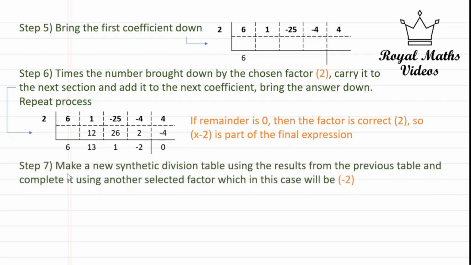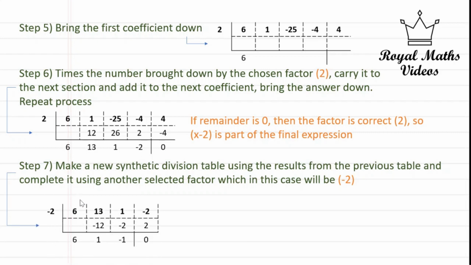Okay, so step 7 is to make a new synthetic division table using the results from the previous table and complete it using another selected factor, which in this case will be minus 2. So here we can try minus 2, which is from the selection of the factors before, and we take these numbers over here. So a new synthetic division table where 6, 13, 1, minus 2 all come down.